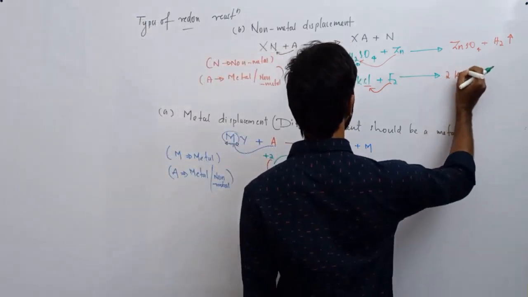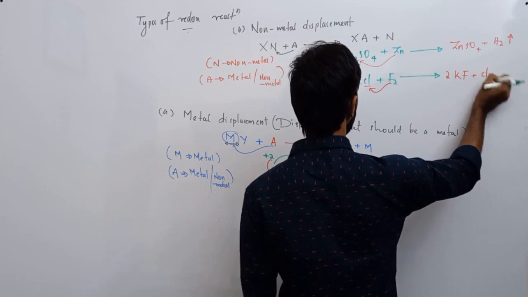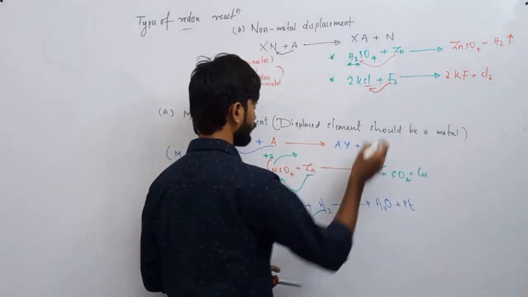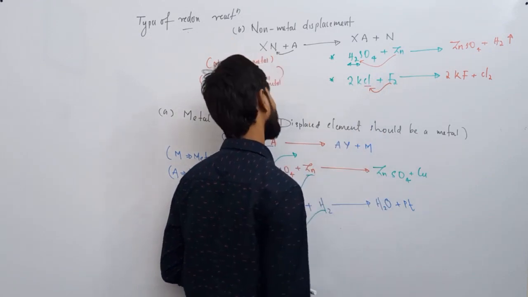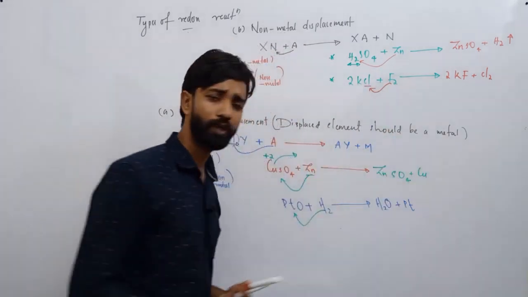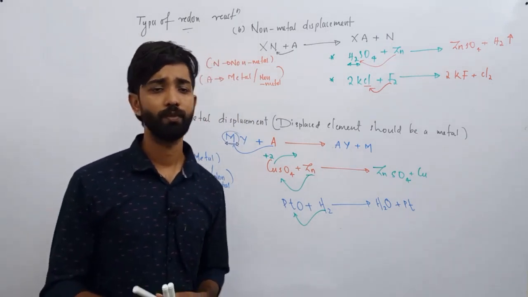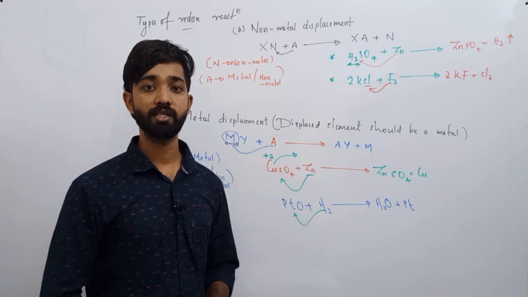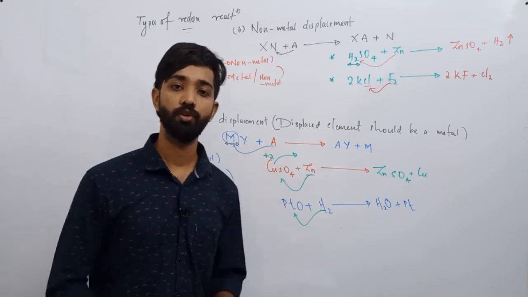So it becomes 2KF plus Cl. Whatever be the reason, simply you check that the displaced element is non-metal. And the displacement is shown by a non-metal. So this category is non-metal displacement, because the element which is displaced is non-metal.